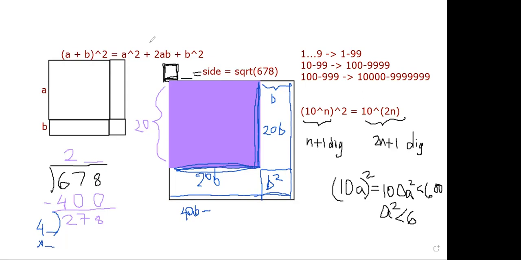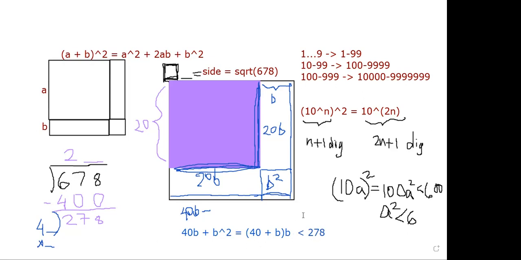I'm going to go over to text because that will be slightly easier. So 40B plus B square, you can take B common, so it's (40 plus B) times B. That's what we need to figure out, and we want this to be less than 278.